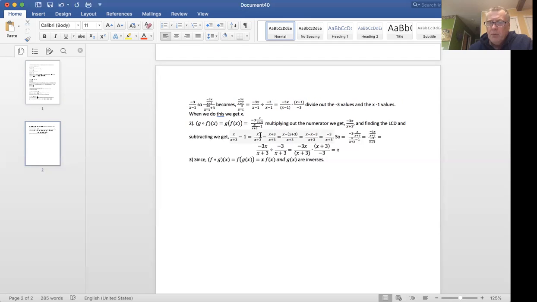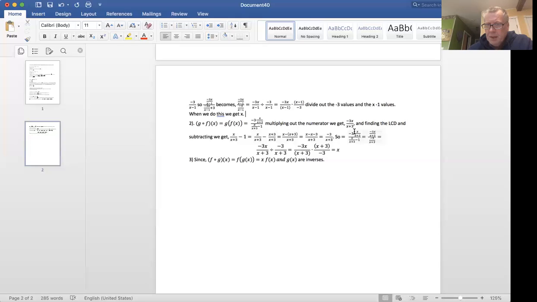And now we take numerator minus numerator, making sure we put parentheses around that numerator in the second after the subtraction, over the common denominator. Distributing the negative gives us x minus x minus 3, or minus 3 over x plus 3.